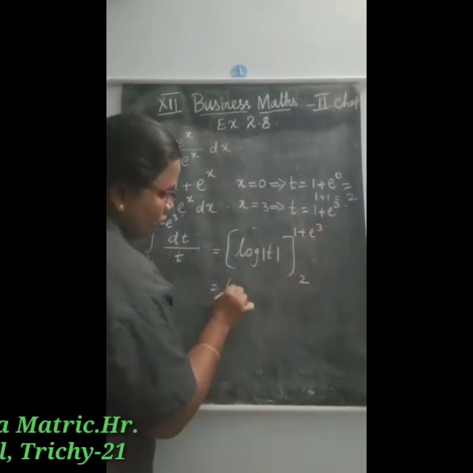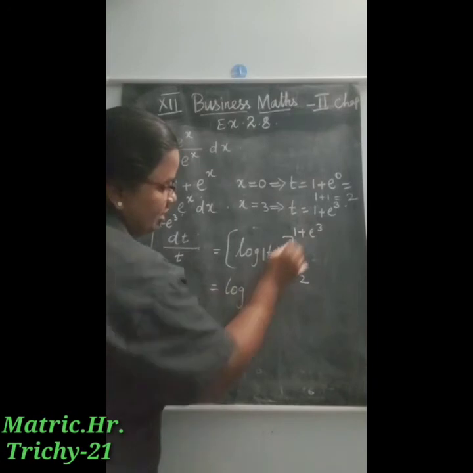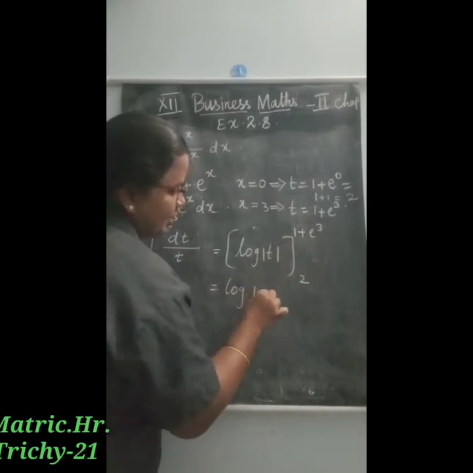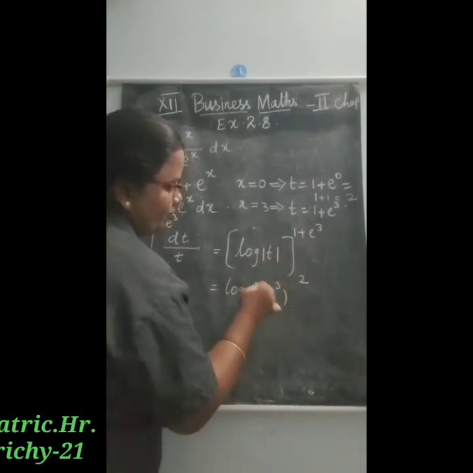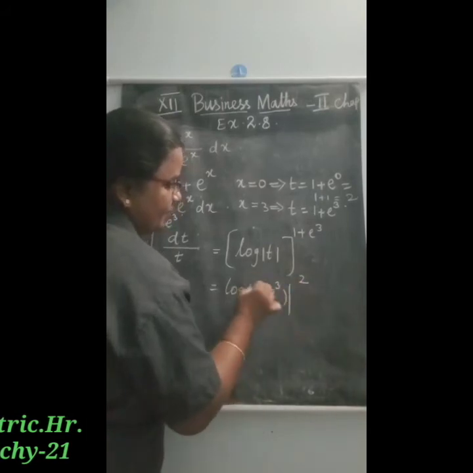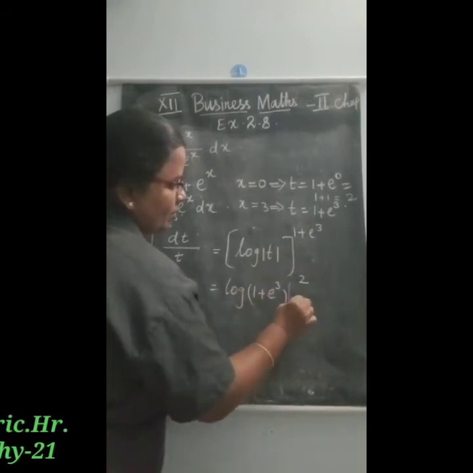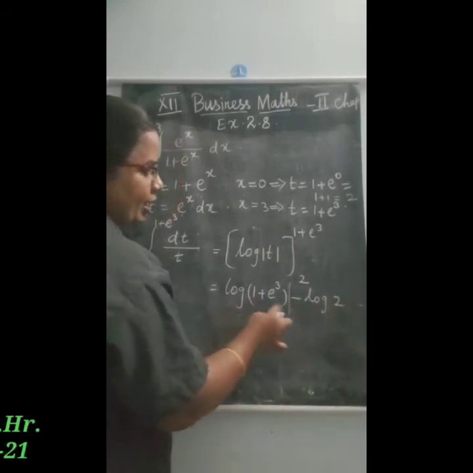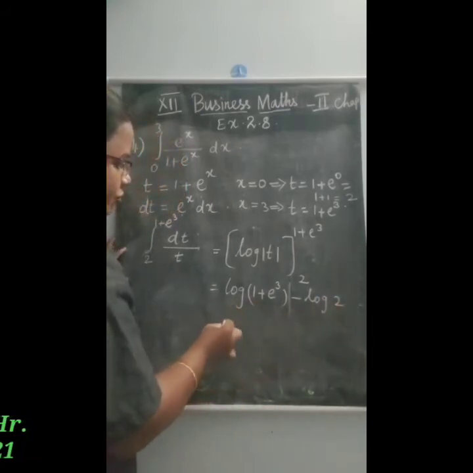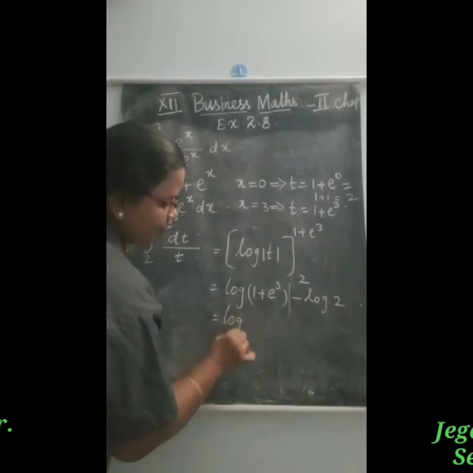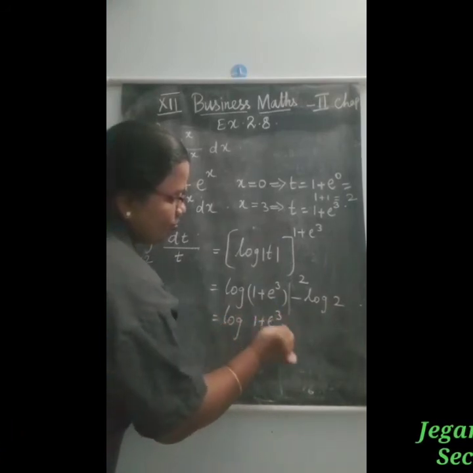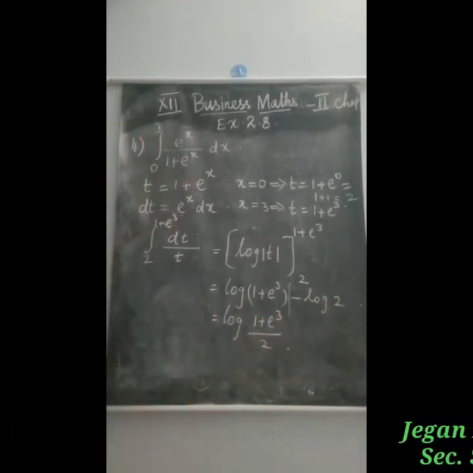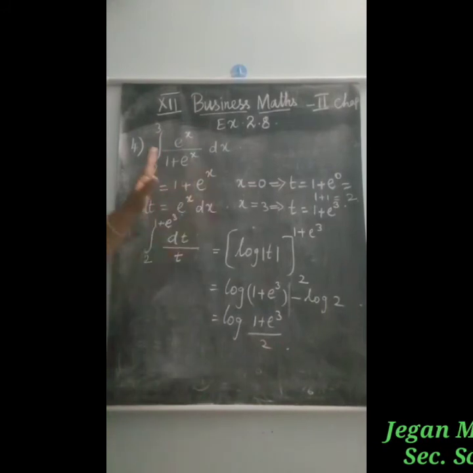So that is equal to log of 1 plus e cube, the upper limit substituted first, minus log of 2. This is log m and this is log n. So we take log of 1 plus e cube divided by 2. This is the answer for the fourth question.